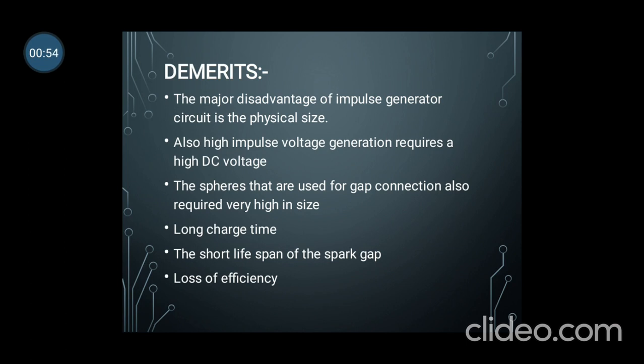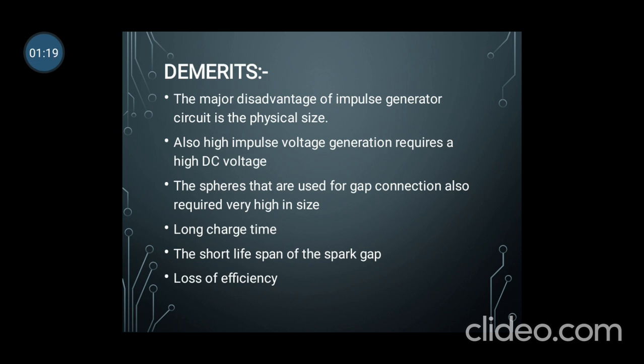For a single stage impulse voltage generator circuit, it is quite difficult to get optimum efficiency even after using large DC power supplies, so there is a loss of efficiency. The third disadvantage is that the spheres used for the gap connection also need to be very large in size.